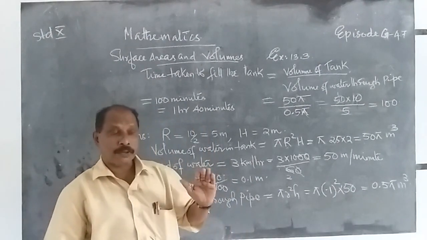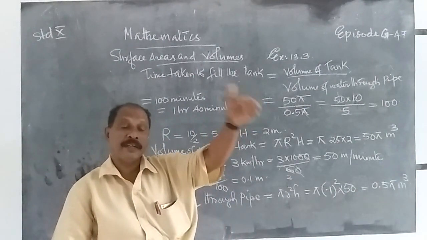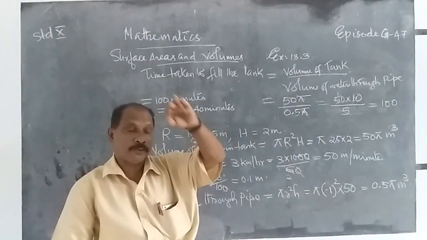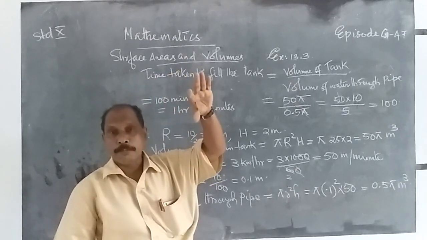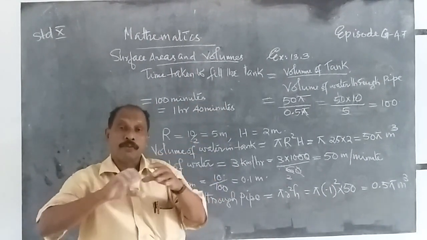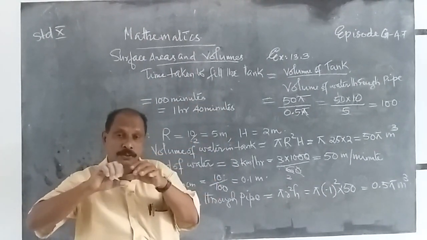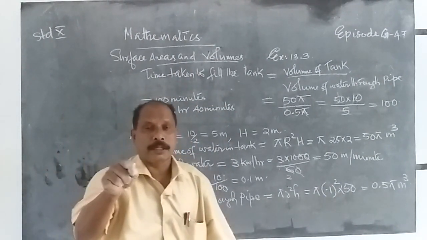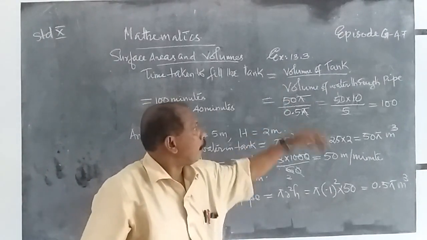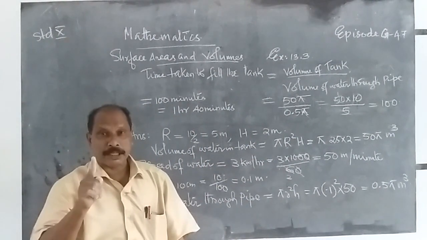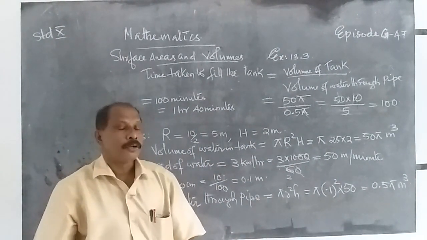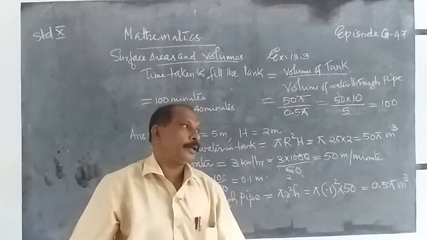That means this water fills the tank in some time. Therefore, to find out the time taken to fill the tank, we take the volume of water in the tank by the volume of water through the pipe in 1 minute, which is equal to 50 pi by 0.5 pi.